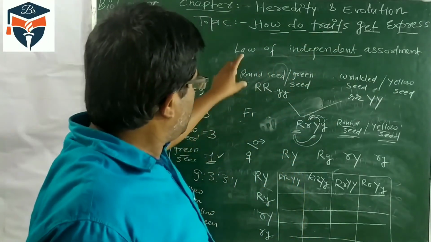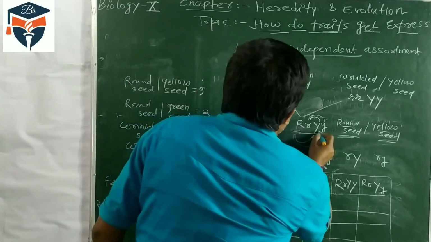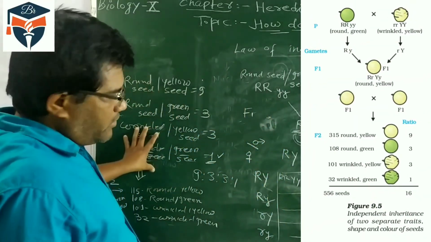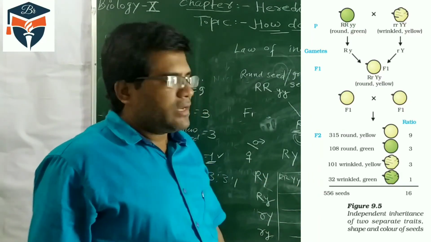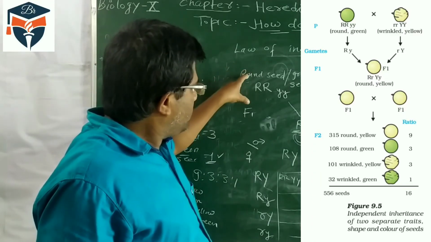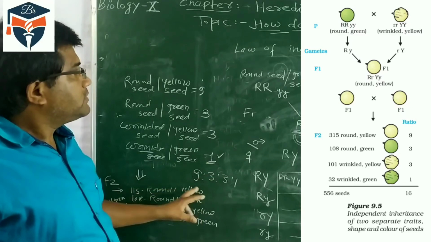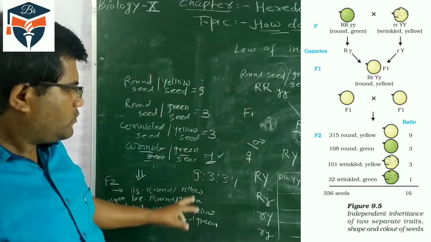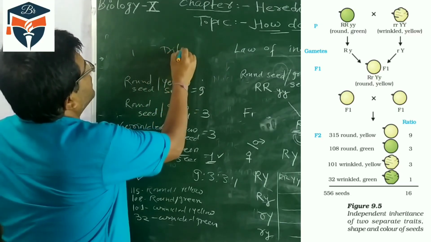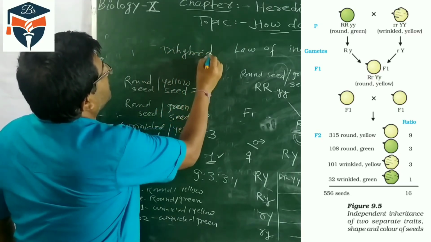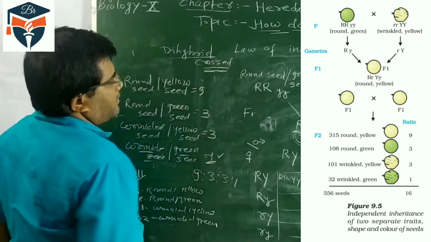So we should remember the parents, the genotype of the F1 progeny, and this ratio. This flowchart is also given, but that is for higher classes only. So we should remember the F1 generation progeny and the ratio 9:3:3:1, and this cross is called the dihybrid cross because two pairs of characteristics are crossed.